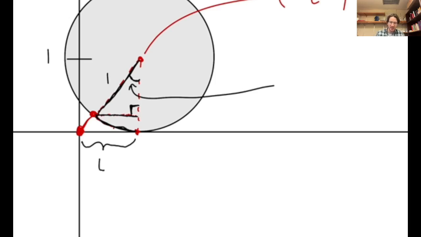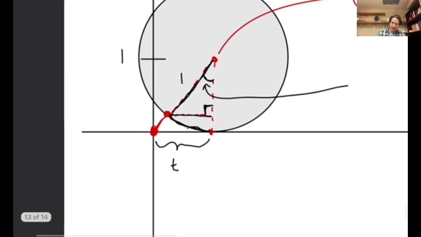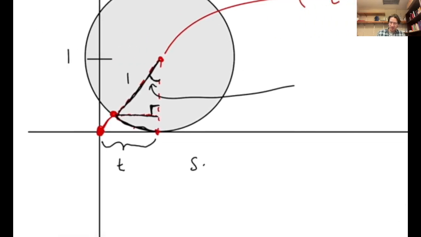But that distance there is t. And hopefully you remember from a pre-calculus class that arc length, s, is r times theta, right? So if I can figure out theta, then I can figure out the side lengths of this special triangle, which will get us the rest of the way there.